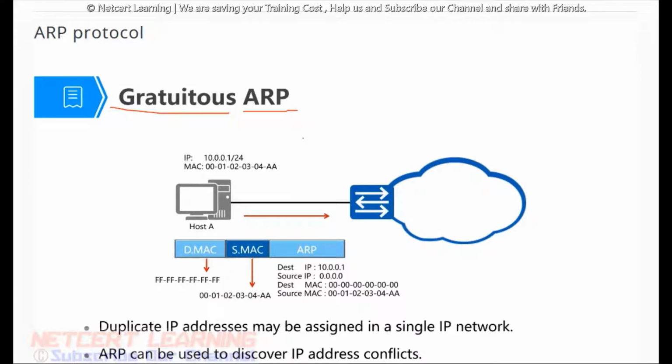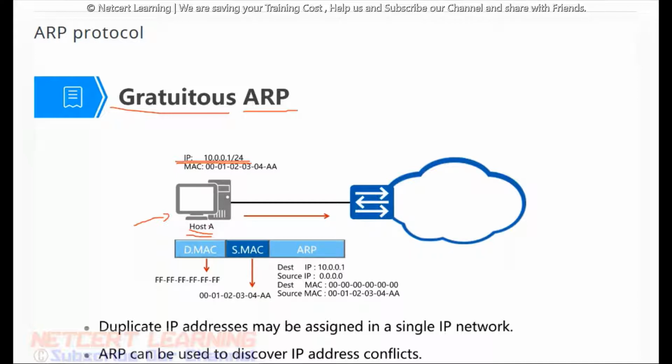The purpose of gratuitous ARP is just to detect if there's an IP address collision. That means another device in this network uses the same IP address. For example, this host has configured this IP address, but host A does not know if another device has also configured this IP address.